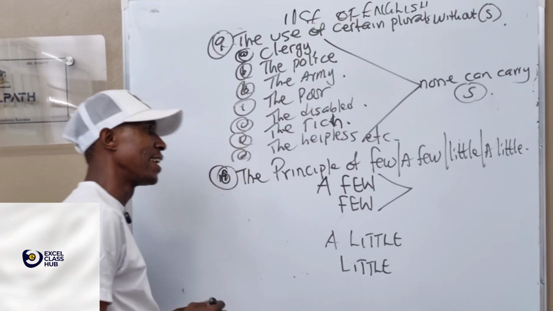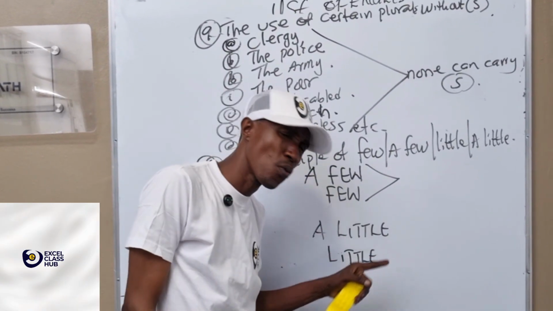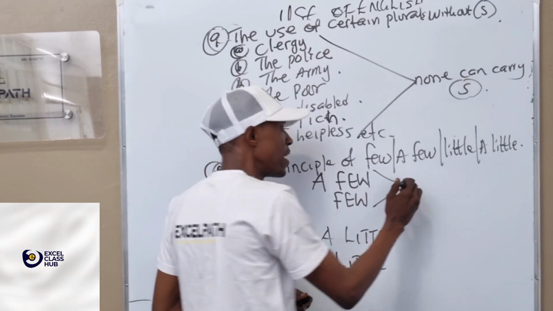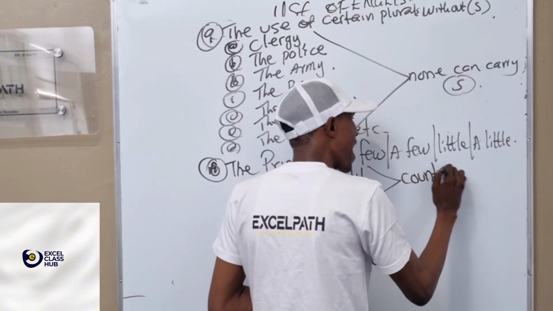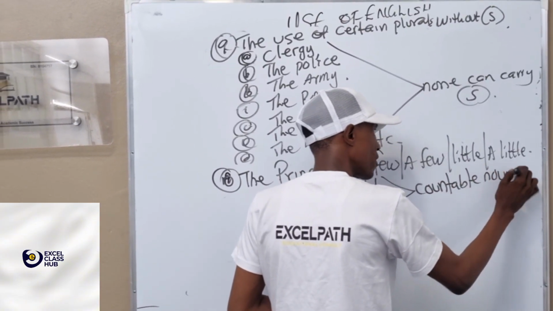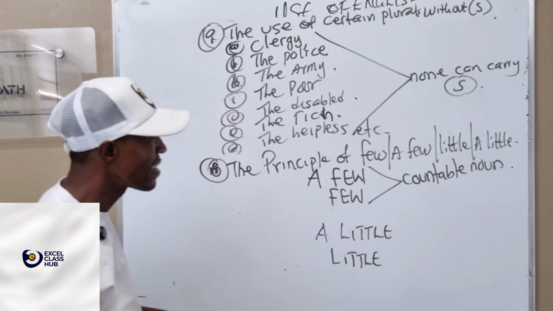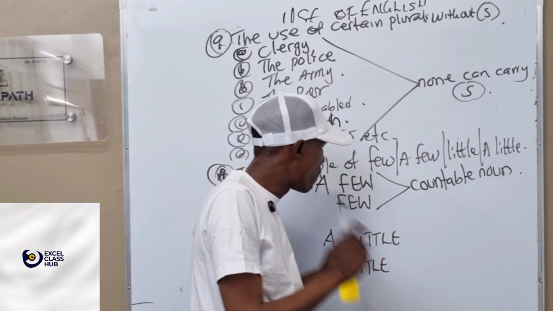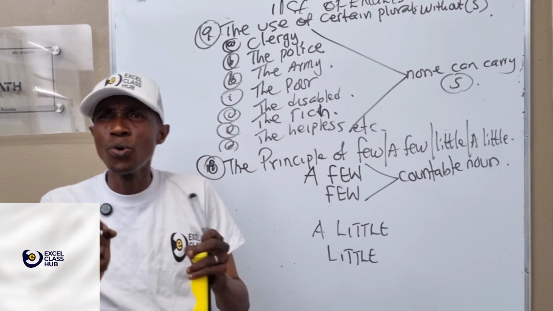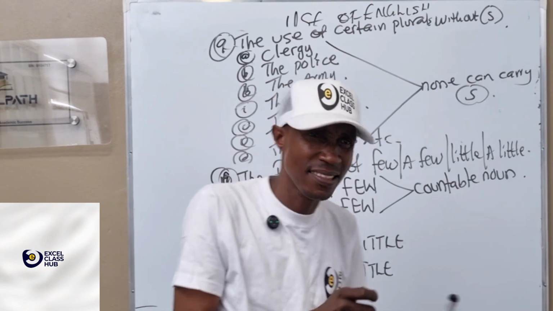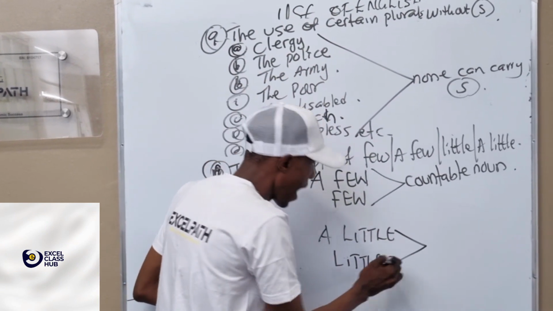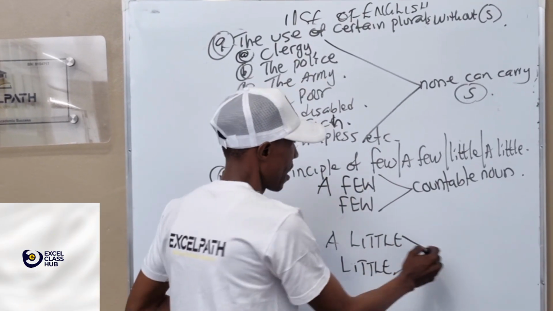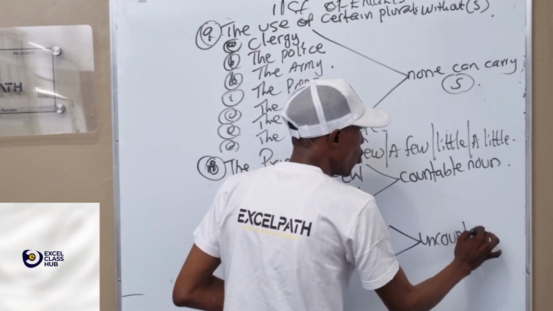Please note that whenever a few or few is used, they are regarded as countable nouns. They are regarded as what? Countable nouns, which means a few and few can only go with countable things, while a little and little can go with uncountable things.